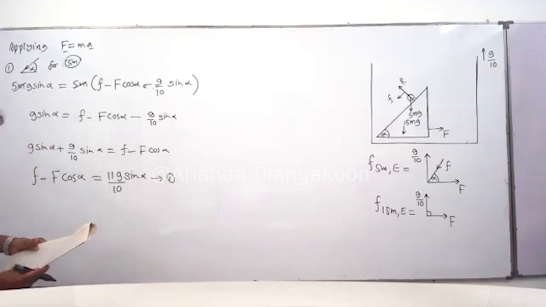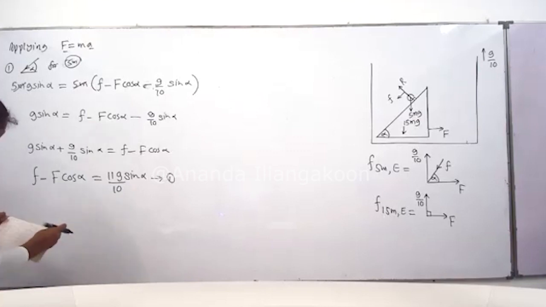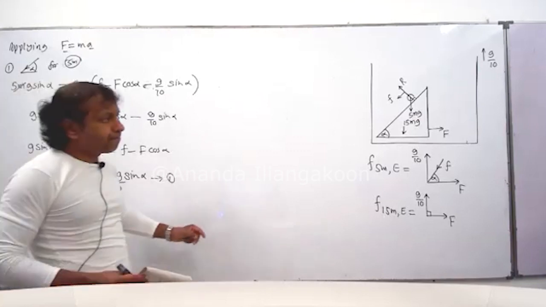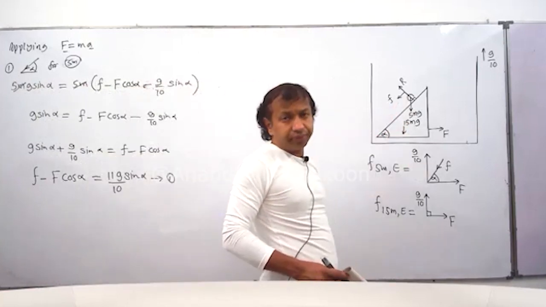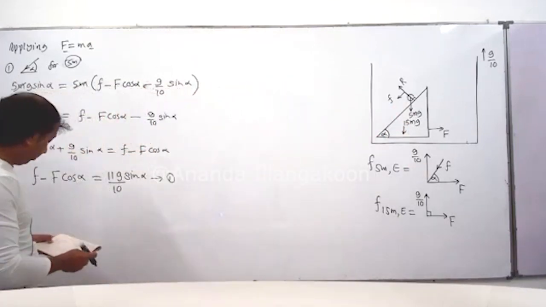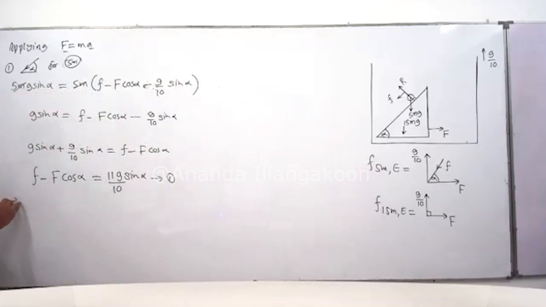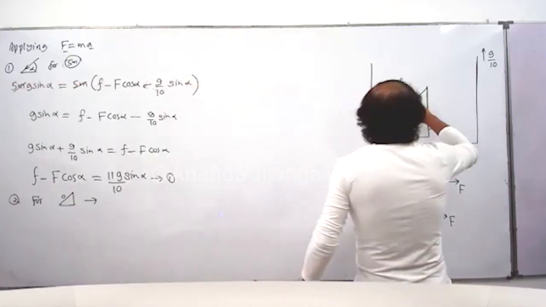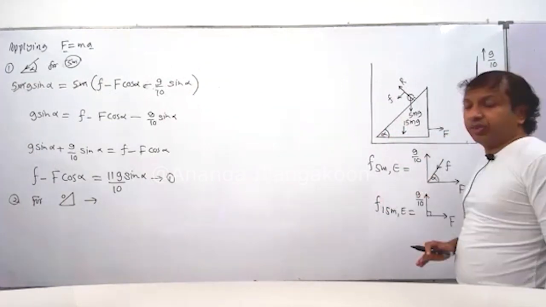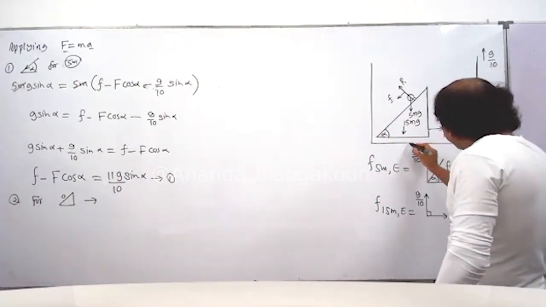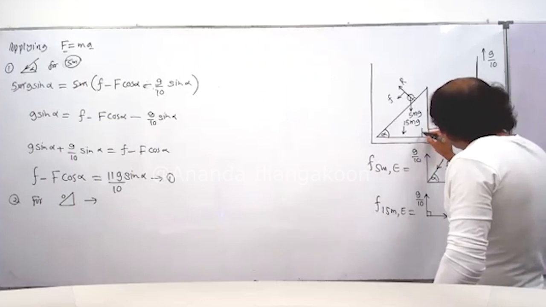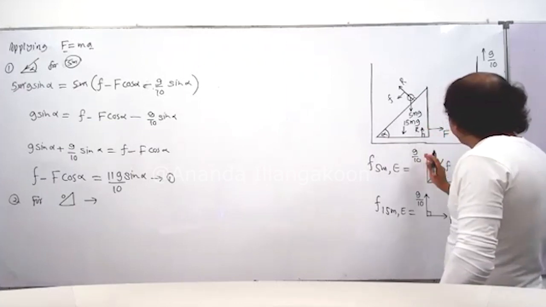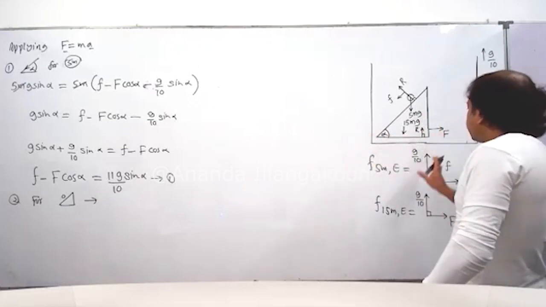Now, secondly, we apply it for the system. System means the wedge and the particle. Number 2, for the wedge and the particle in the rightward direction, we apply F equals ma. No external force is coming horizontally. By the floor of the lift there will be a normal reaction R acting upward, which is a vertical force; horizontally it has no component.